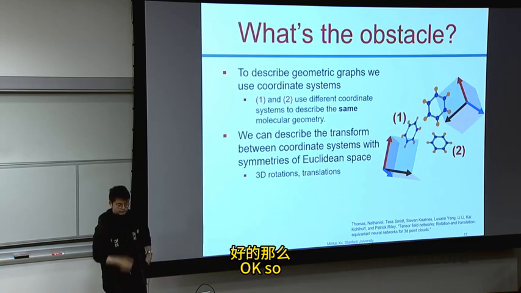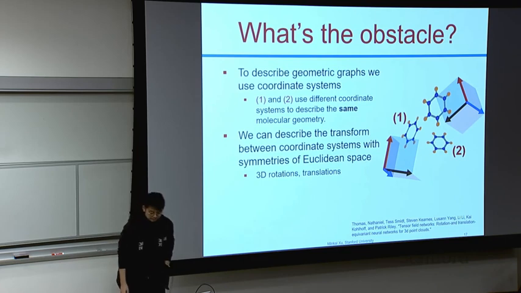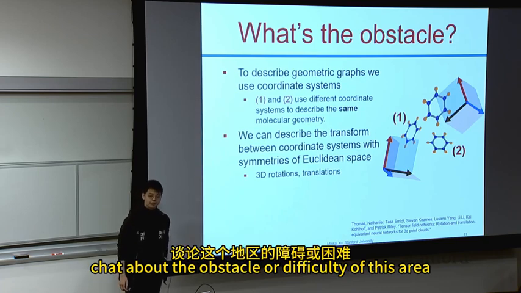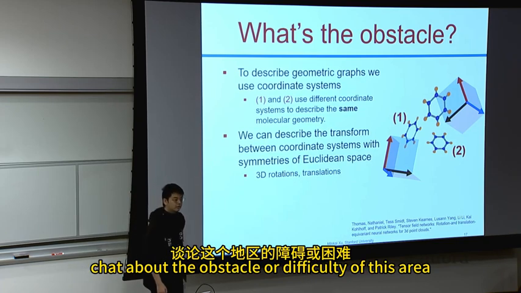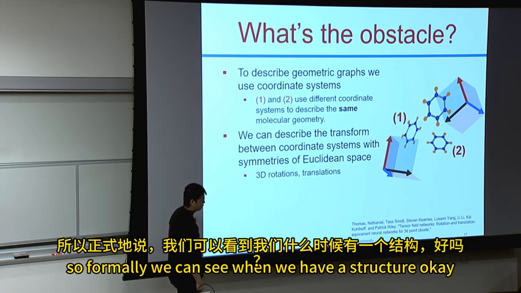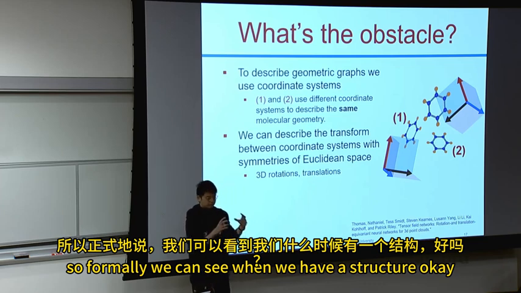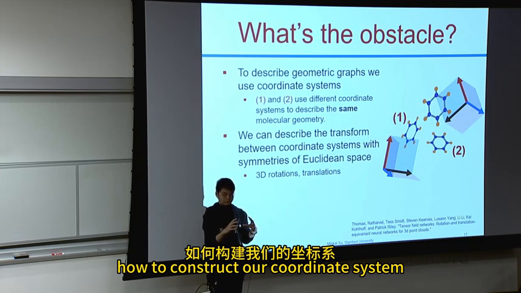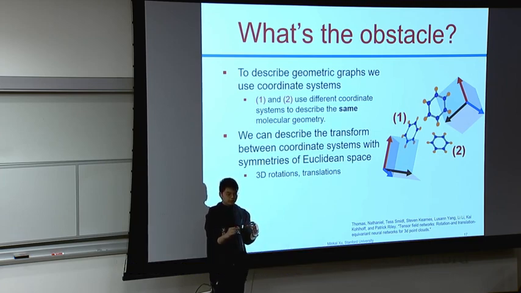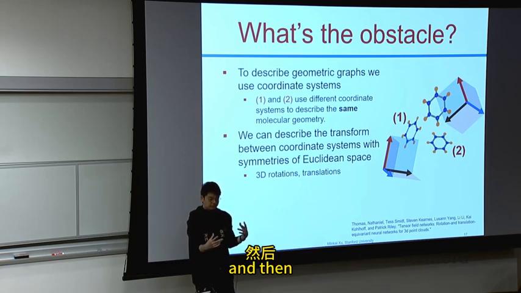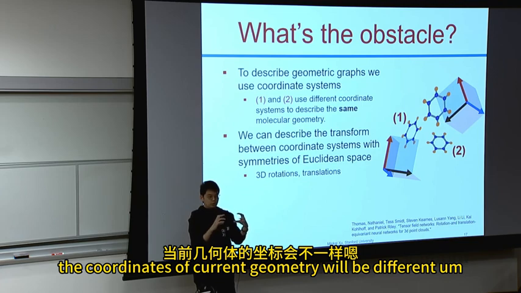Okay, so here I want to formally chat about the obstacle or difficulty of this area. So formally, when we have a structure, we don't know how to construct our coordinate system. We have multiple different ways to construct our coordinate system, and then the coordinates of the current geometry will be different.